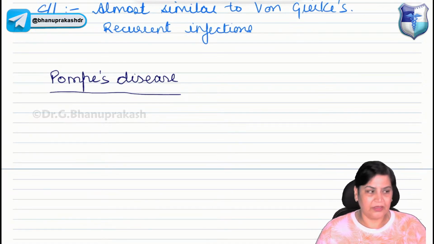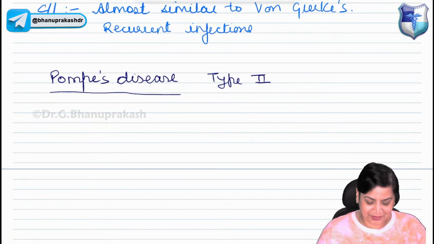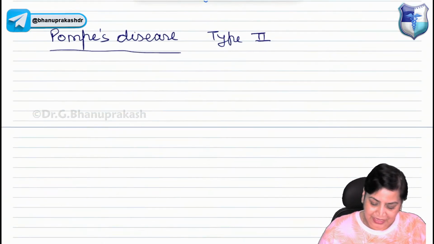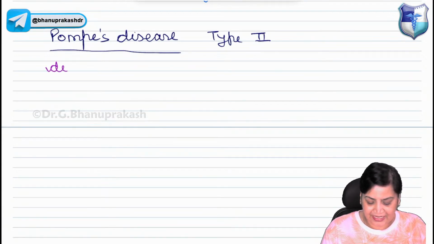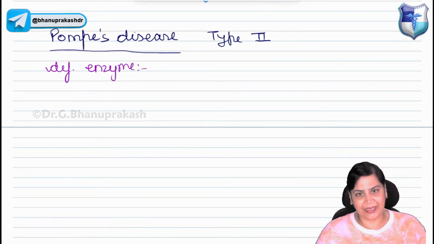Clear? Then we come over to Pompe's disease. So we can say it is type 2. Okay, thanks for giving the thumbs up. Type 2. Now see, this is a very interesting disease in the sense of the deficient enzyme here. Just now I told you that glycogenolysis takes place in the liver and the muscles.